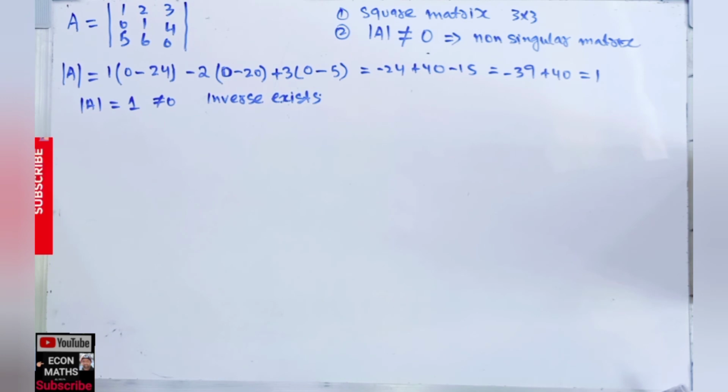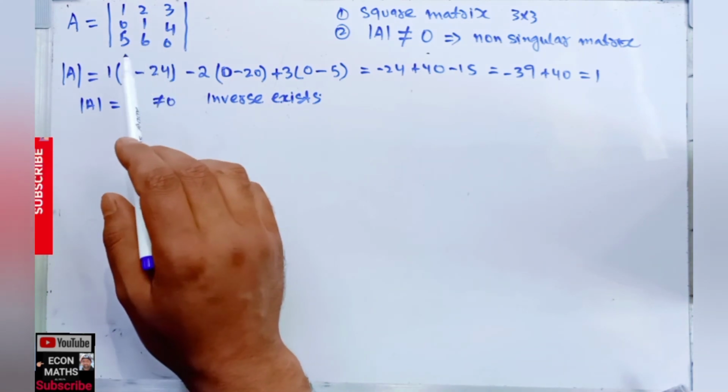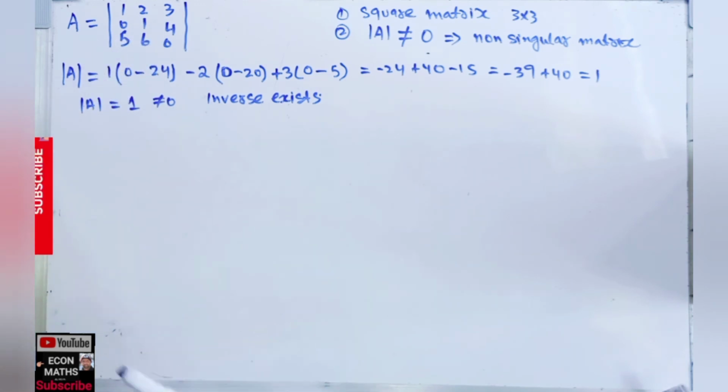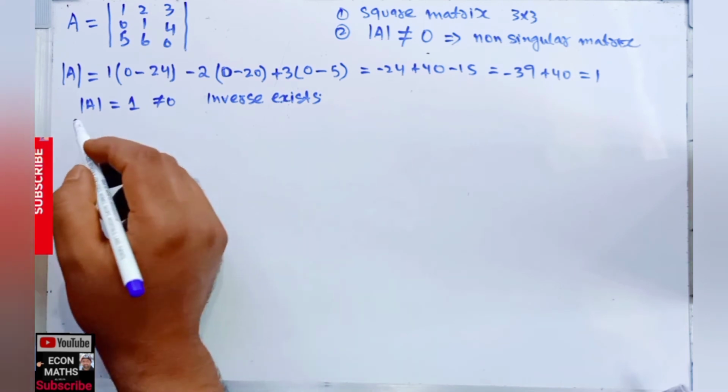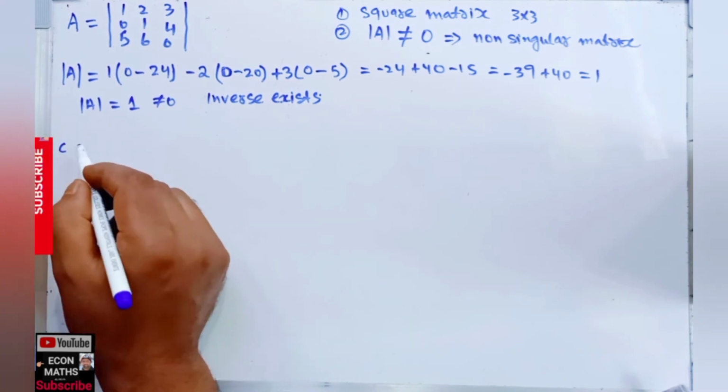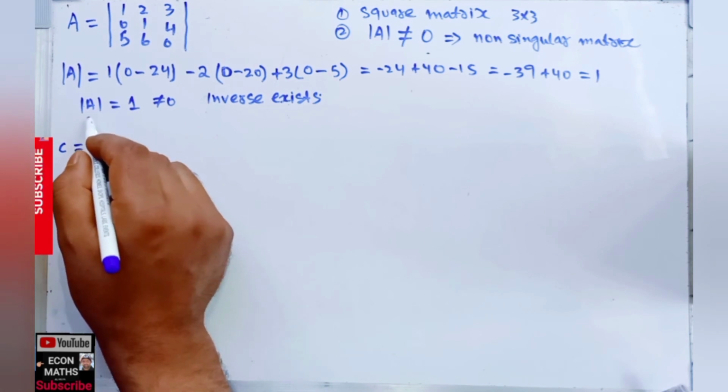Now to find the inverse, we form a cofactor matrix of this A. As we have seen, I will repeat the rules here also.